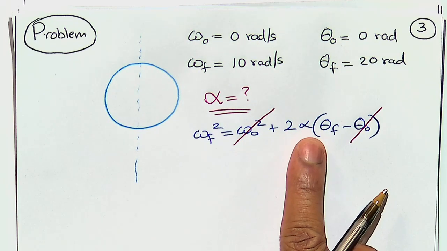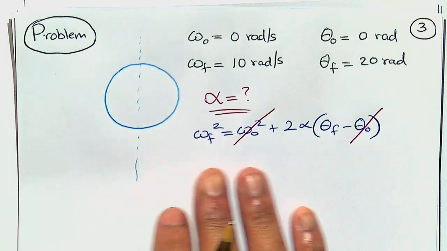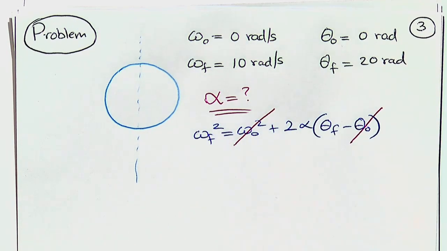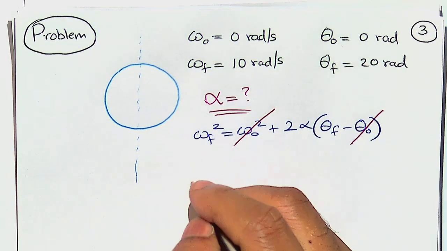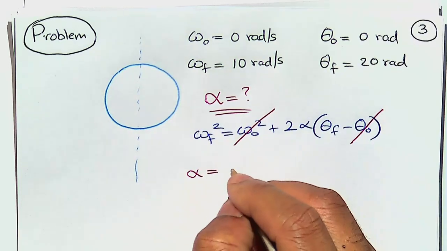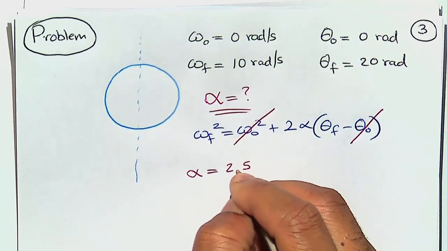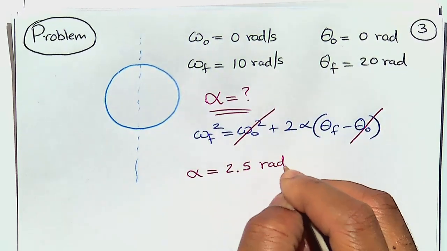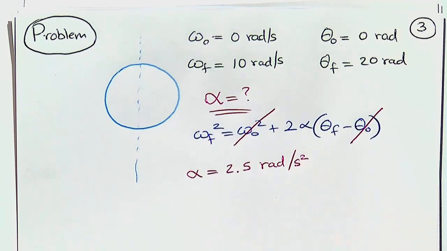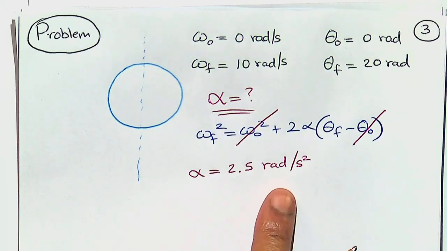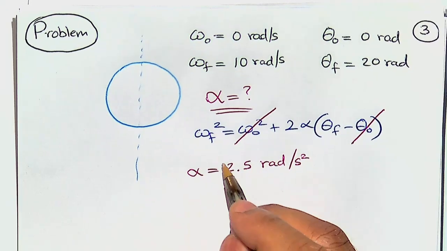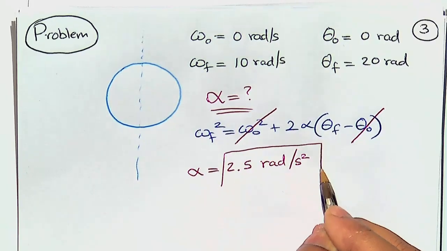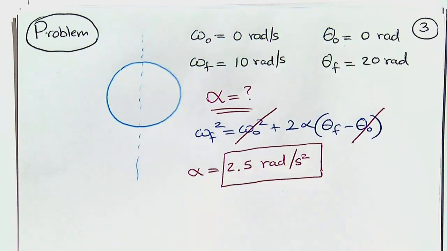Once you have an equation for alpha, then you plug in the numbers. When you do that, you should get alpha equal to 2.5 radians per second squared. It kind of has meters per second squared, which should remind you of the linear case. So the units are similar but not the same.